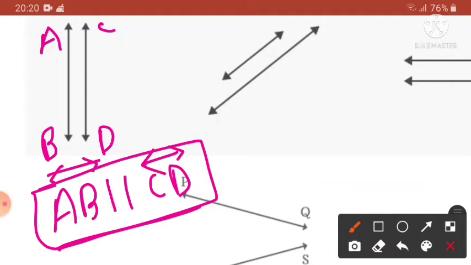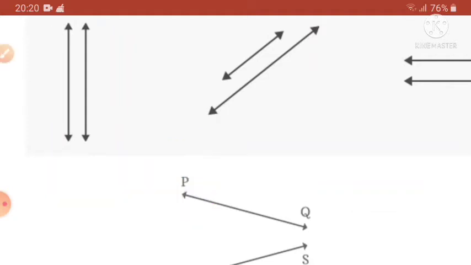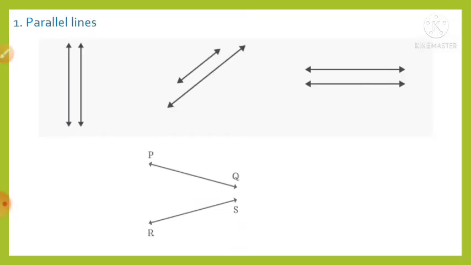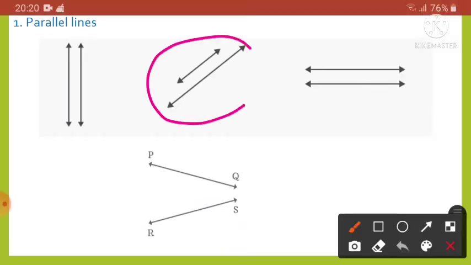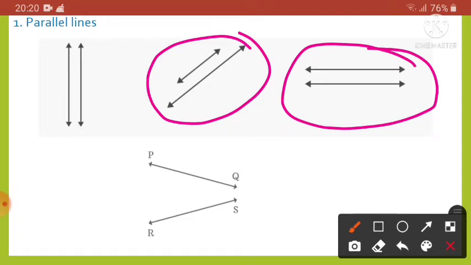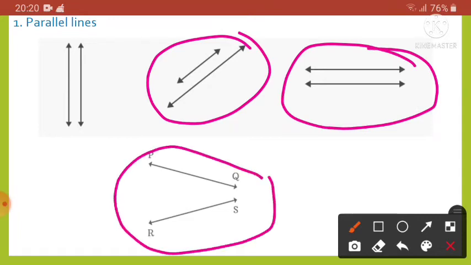If you take a live example, the railway tracks, the edges of a ruler or scale, and a blackboard are examples of parallel lines. All the figures here are examples of parallel lines. But in this figure, you can see that PQ and RS are not parallel, because the distance here is not the same as the distance here.